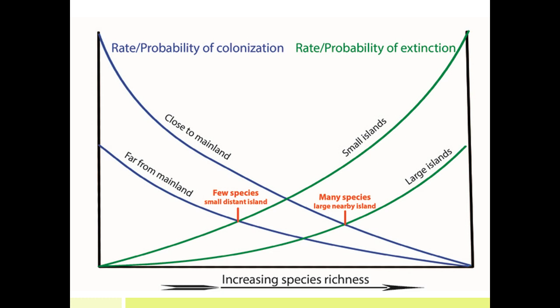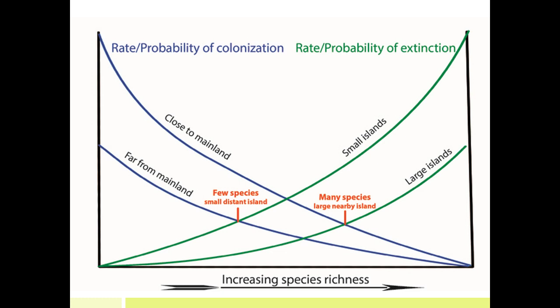So you can see here that large islands are going to have more richness if they are closer to the mainland. So many species on a large nearby island, where there are few species on a small distant island. So where these cross is what's important here.